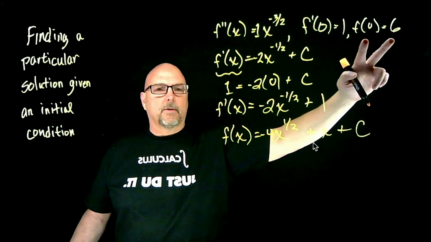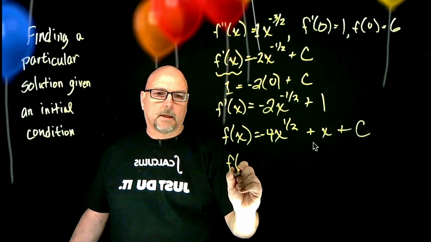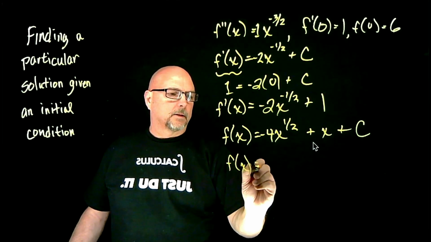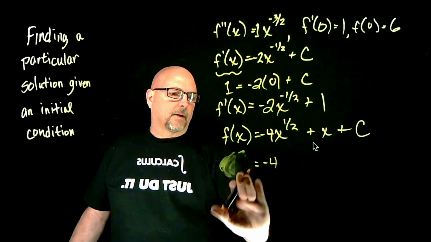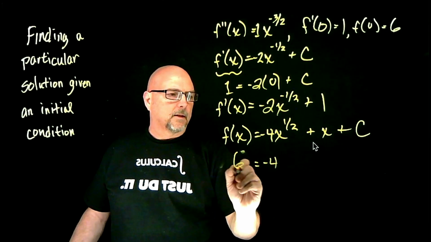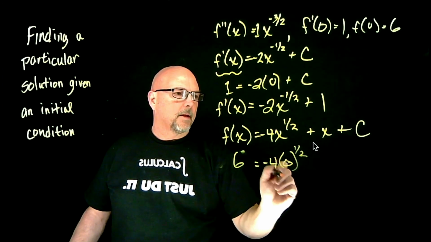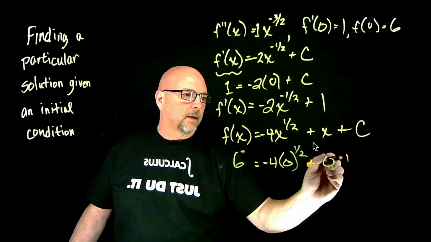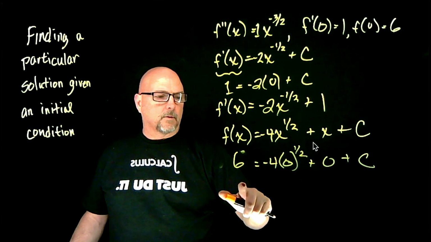So now I'm going to use this initial condition up here. So negative 4, well, let's put the f of x in there, 6, negative 4 times 0 to the 1/2 plus 0 plus c. So 0 plus 0, so c equals 6.